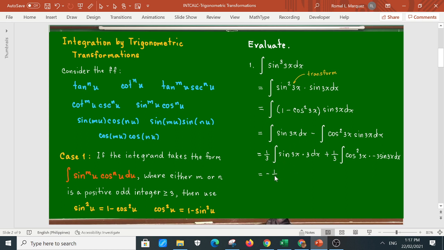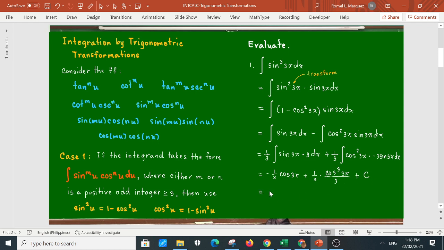Okay, so what is the integral of the first term? Negative 1/3 by negative, the integral of sine is negative cosine times 1/3. So cosine 3x plus, this is the power formula, the integral of u to the n du. So u to the n plus 1, that is now cosine cubed of 3x over 3, then plus c.